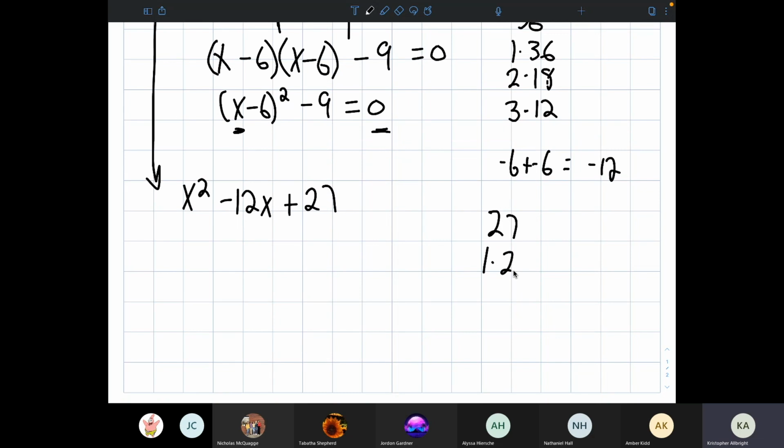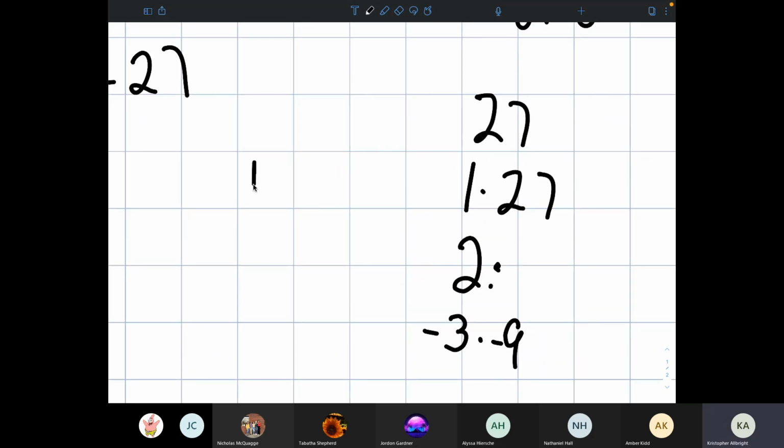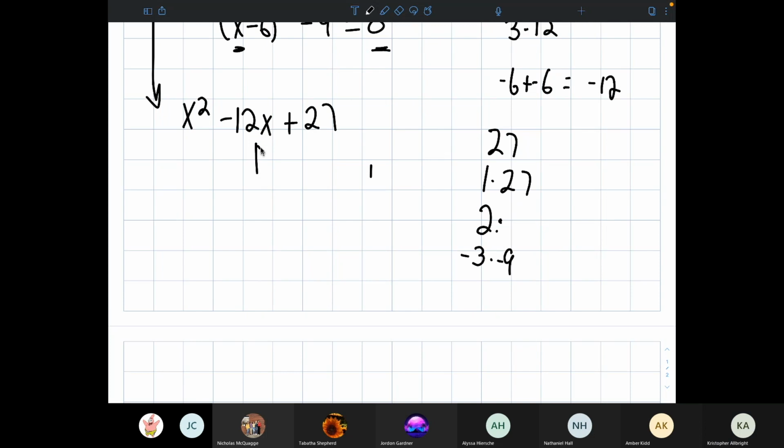We say 1 times 27, 2 times some fraction, 3 times 9 sounds right. 3 and 9, if they were both negative, we would get 12. So I'm going to break this apart using these numbers. This becomes this and this.